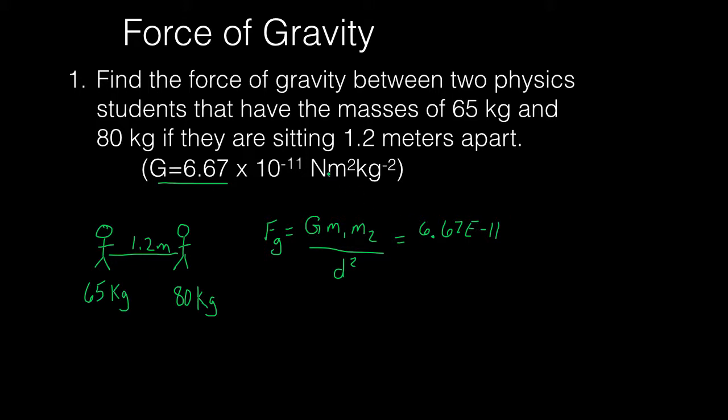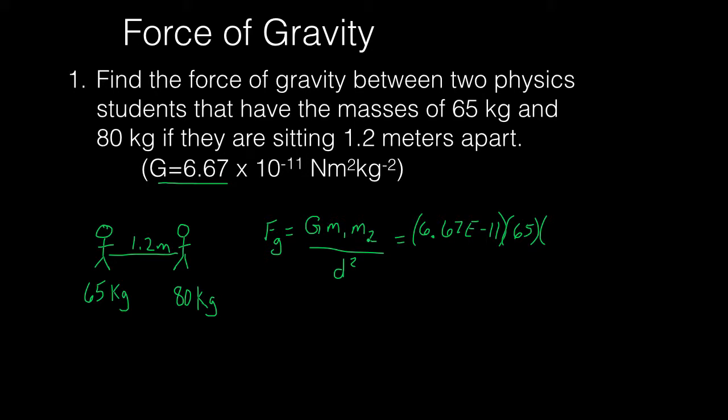And the units for it to work out are in Newton meter squared per kilogram squared. And the kilogram will be on the bottom to get it to give you newtons in the end. I'm going to leave off the units just for the sake of space here. M1, it doesn't matter which order you put them in. I'm going to put 65.